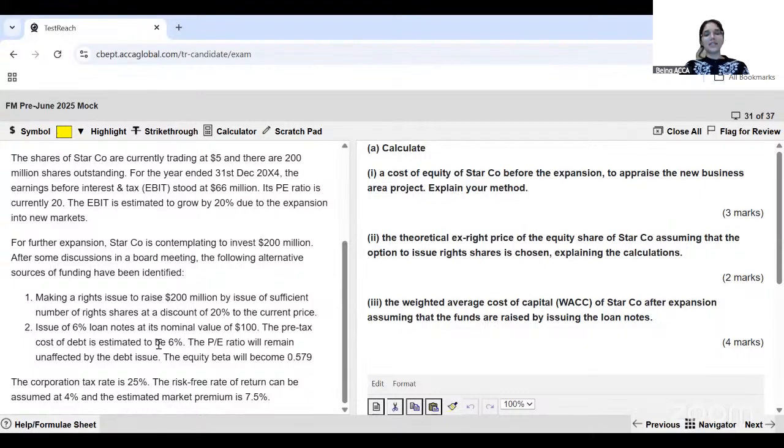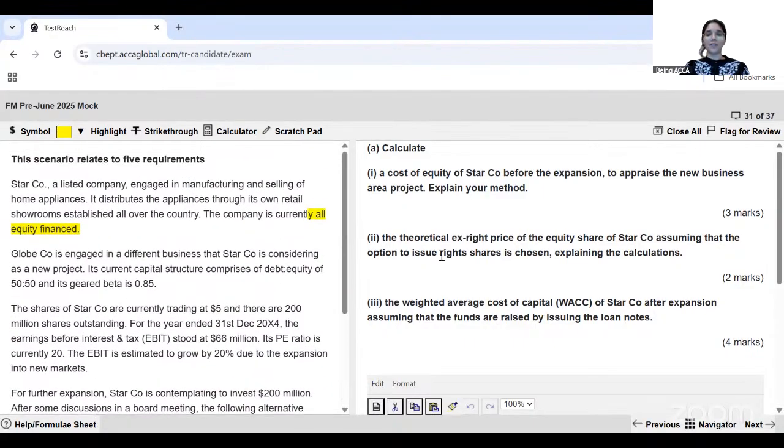Pre-tax cost of debt is estimated to be 6%. PE ratio will remain unaffected by the debt issue. Equity beta will come out to 0.579. The corporation tax rate is 25%. Risk-free rate is 4%. Market premium is 7.5%. So this is all that we are given.